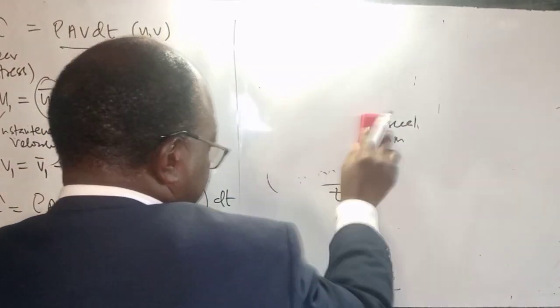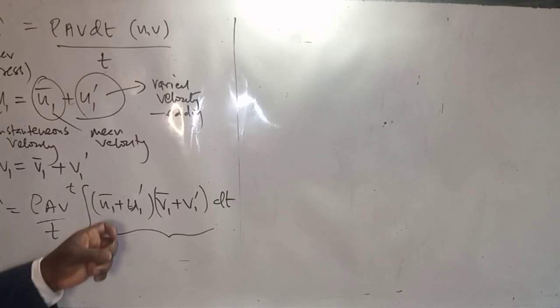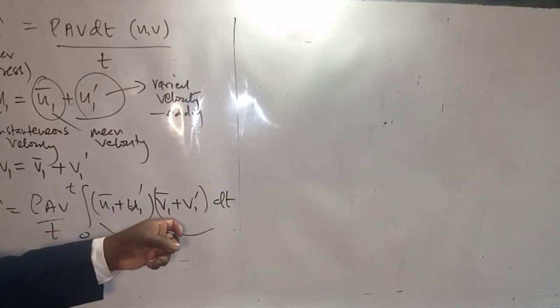If you open up those brackets and have this quantity here, that is the mean velocity on y, the mean velocity u, and that of v1.